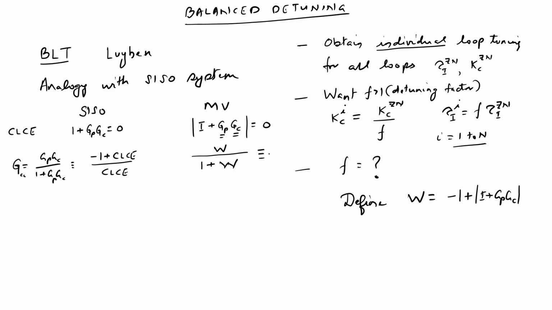Note that this is equivalent to the multivariable closed loop characteristic equation minus 1, divided by the multivariable closed loop characteristic equation.